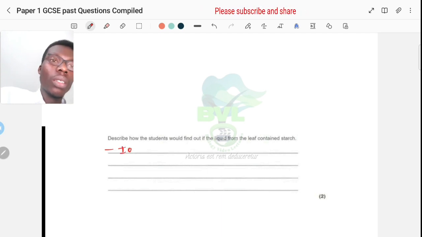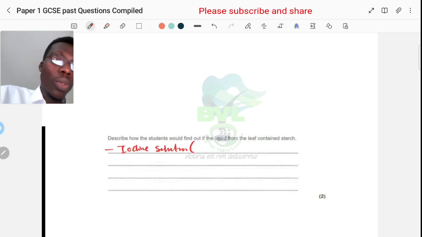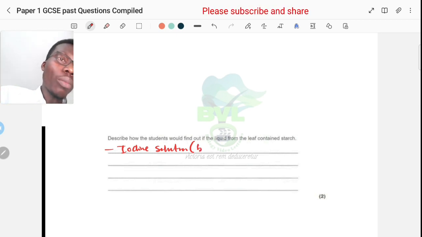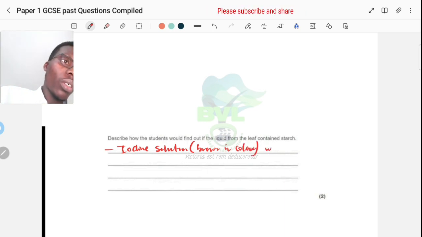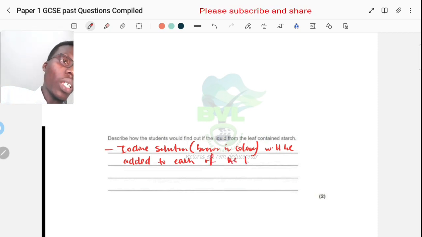Iodine solution, which is brown in color, will be added to each of the leaf.